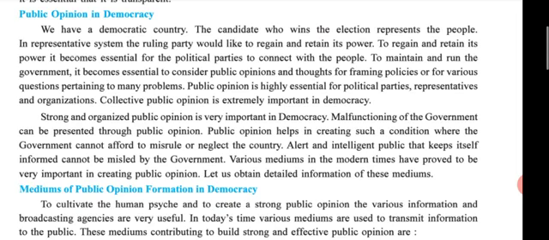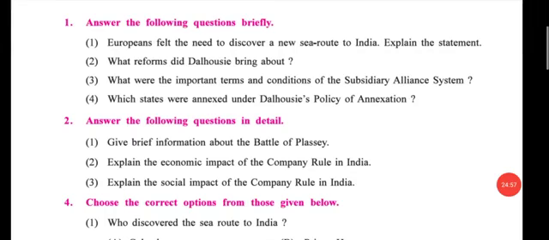So in chapter number 1, you should write all three detailed questions. Brief questions and MCQ questions, all of those you have to write. But questions in detail, you should not write all. In chapter number 1, only 3 questions are there, so you should write all these 3.